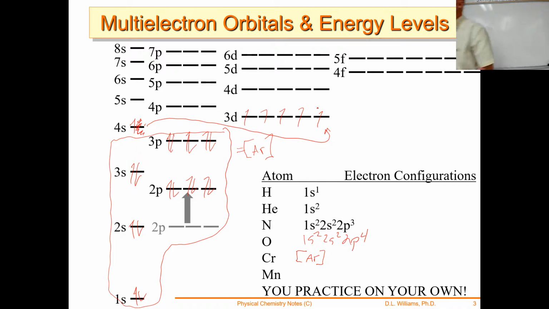And so now what we call an exception to the Aufbau filling scheme, we have that 4s electron moving over to the 3d, and now we have 4s1, 3d5. So that would be the ground state electron configuration for chromium. So 4s1, 3d5.